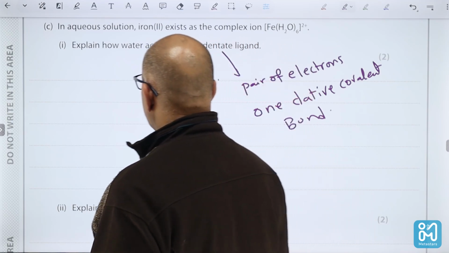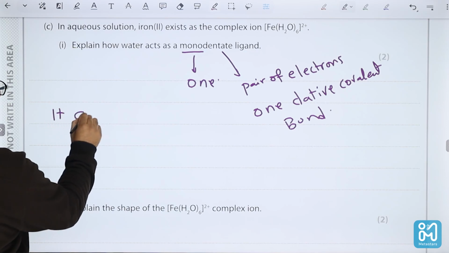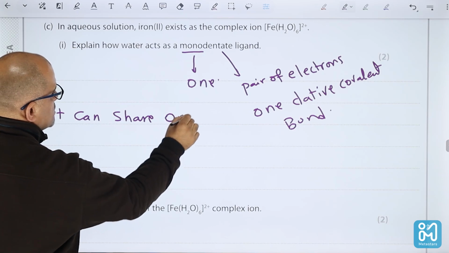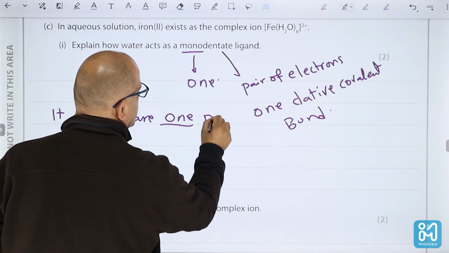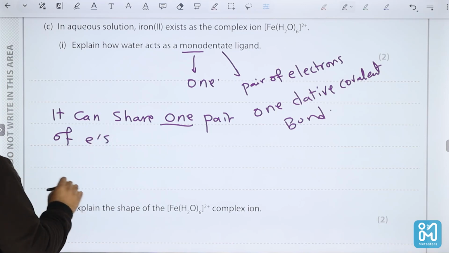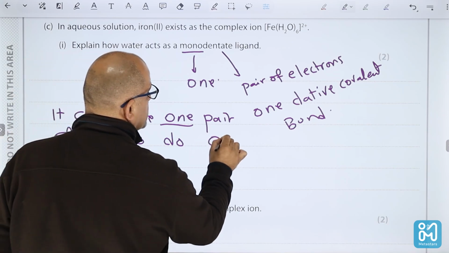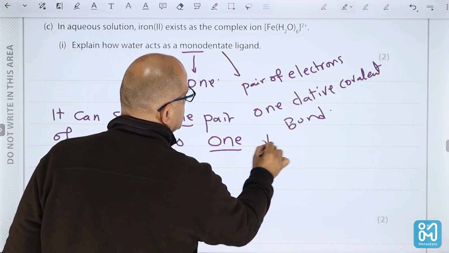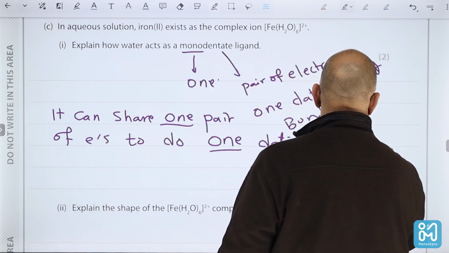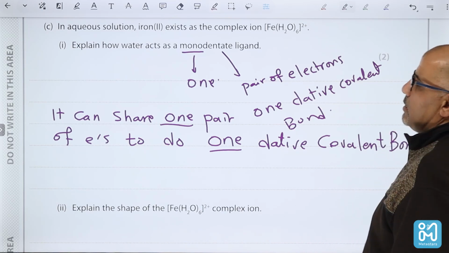So the answer is it can share one pair of electrons to do one dative covalent bond. Okay?